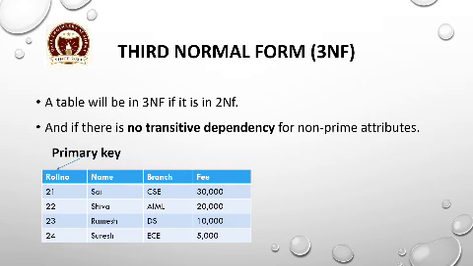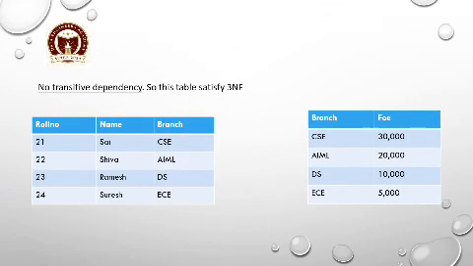Now we need to remove this transitive dependency from the student table by dividing the table into two tables. Table 1 consists of roll number, name, and branch columns, whereas table 2 consists of branch and fees columns.